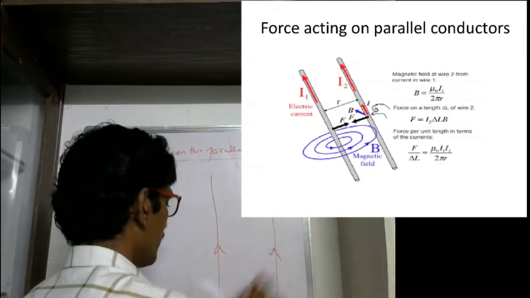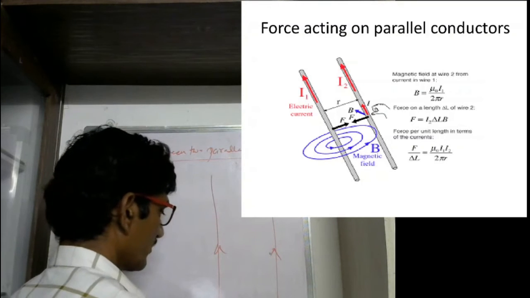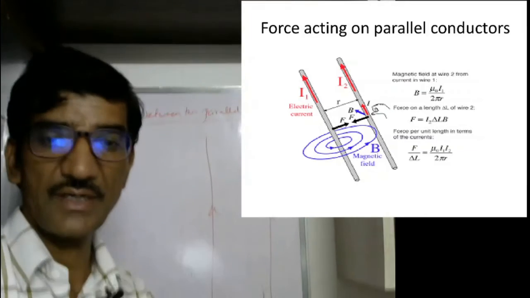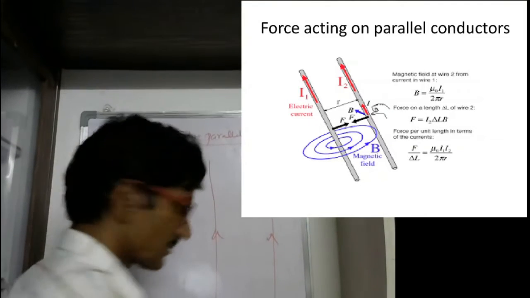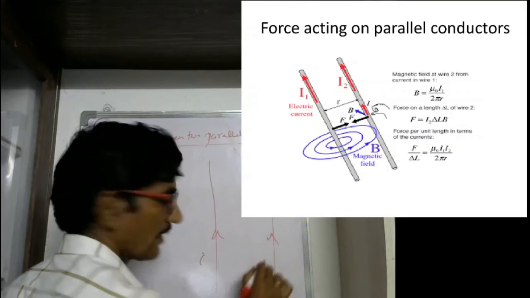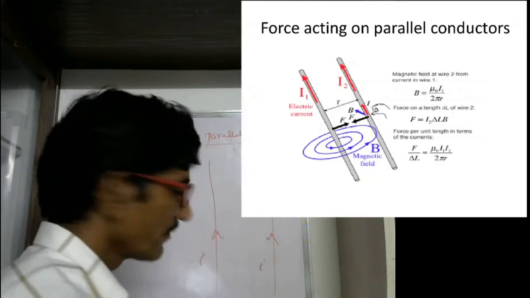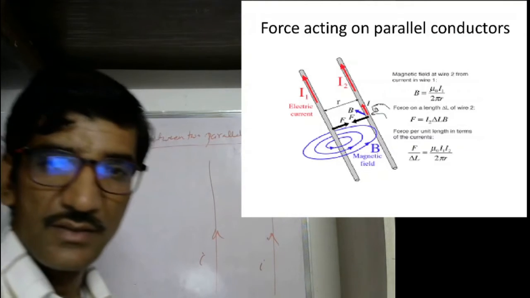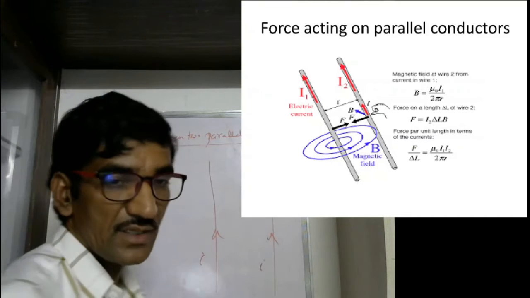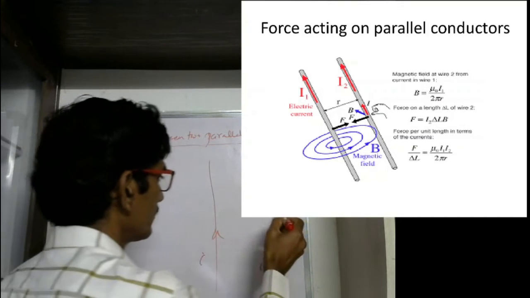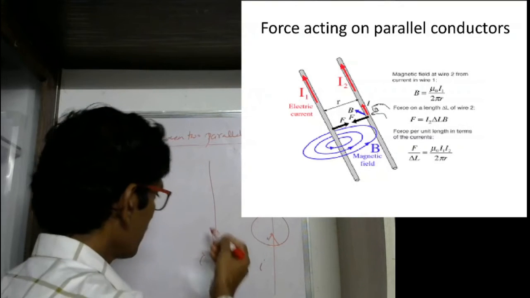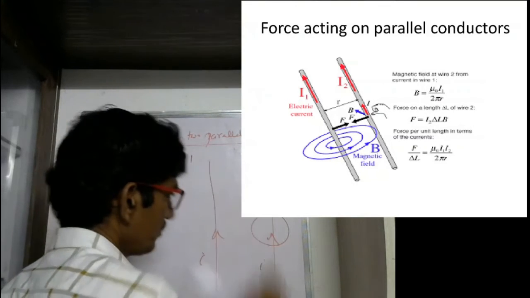Suppose that both of them are carrying current I. Now, by using the right hand thumb rule, designate this as 1 and this as 2.